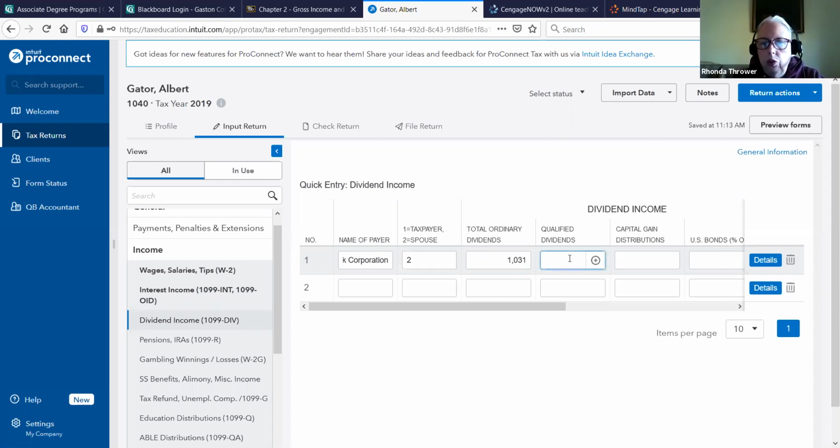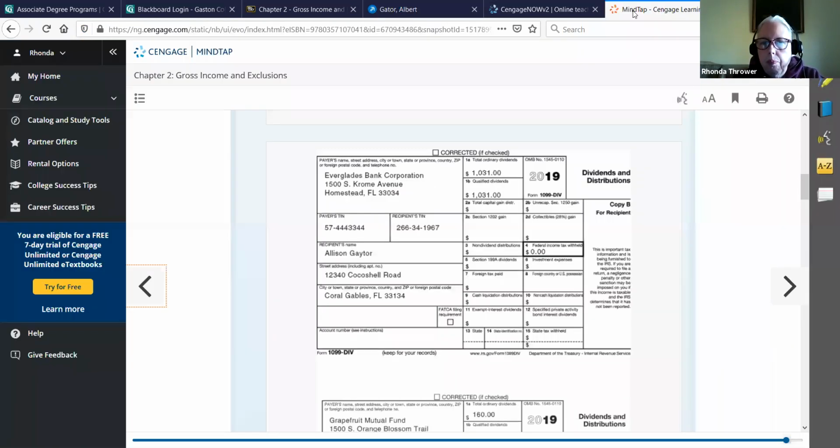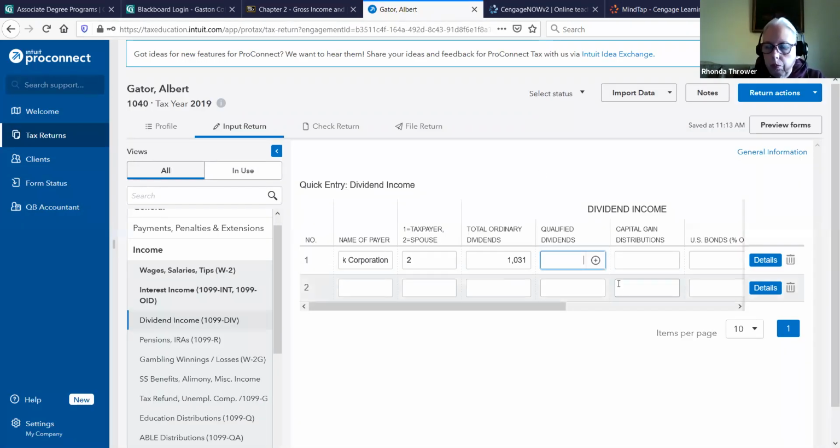Then we're going to move to qualified dividends. Going back to the instructions on the 1099 form, they also had qualified dividends here at $1,031. All right.